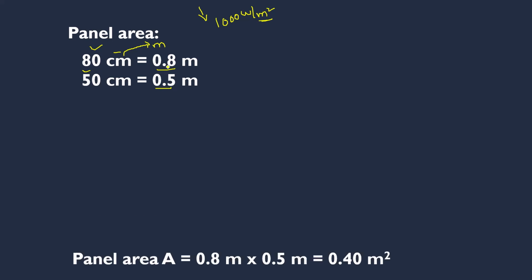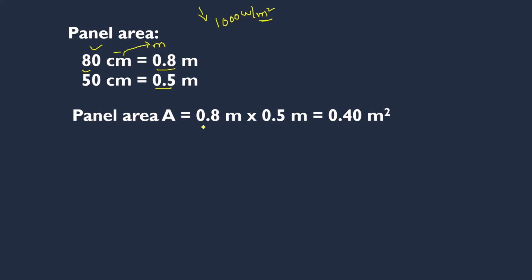So the total area is length into width. 0.8 into 0.5 gives you 0.4 meter square. This is the area of your solar panel.